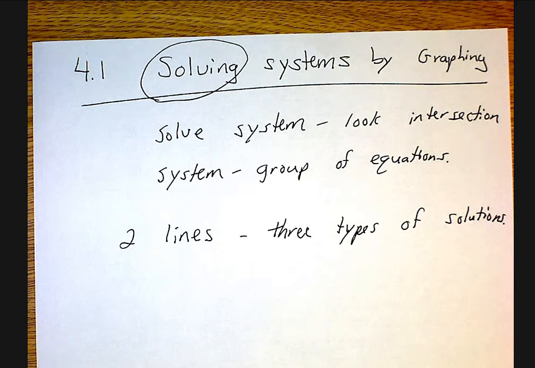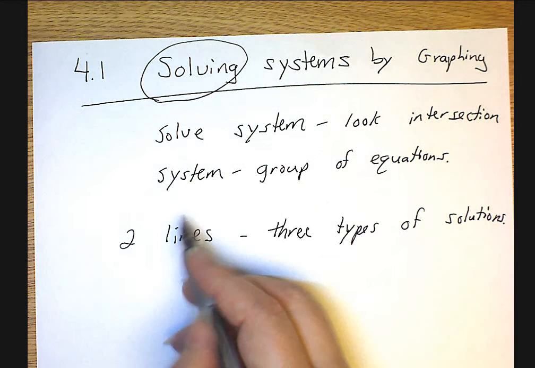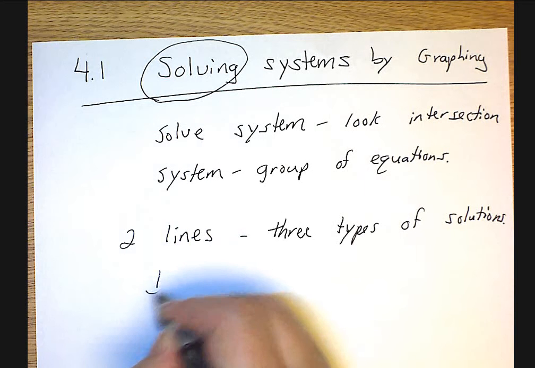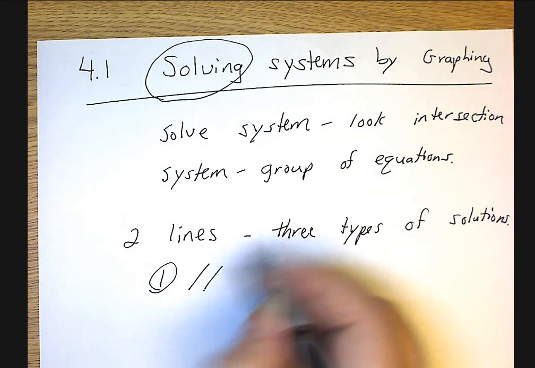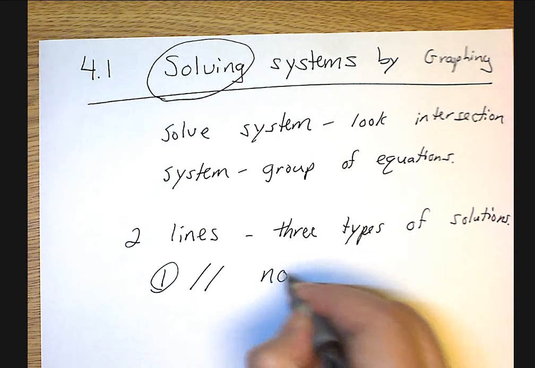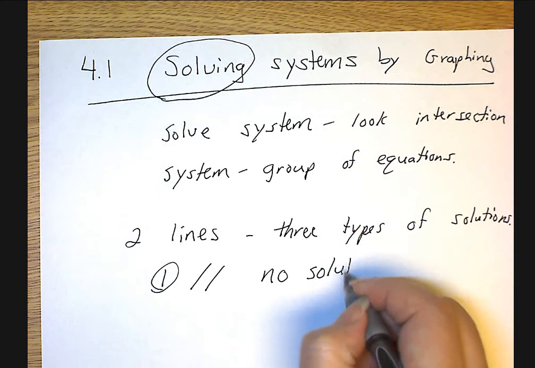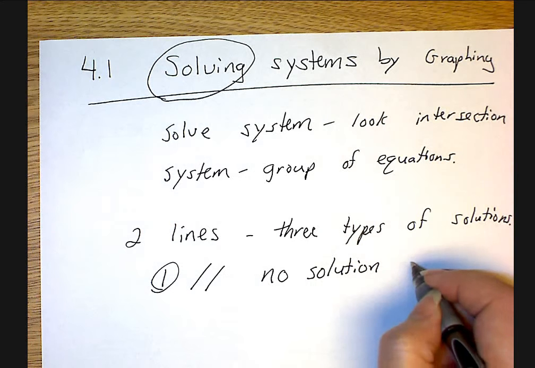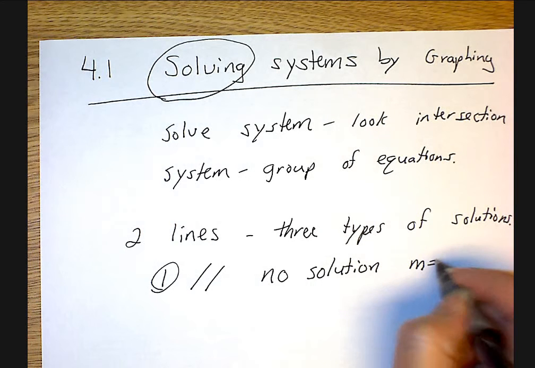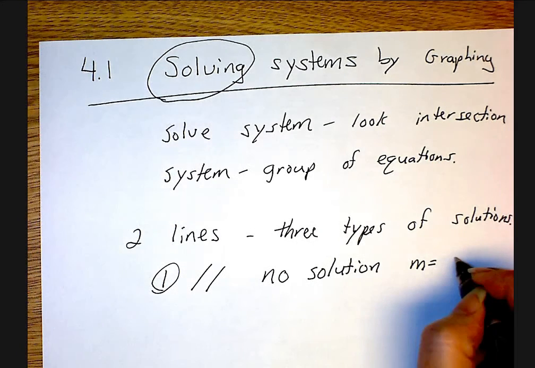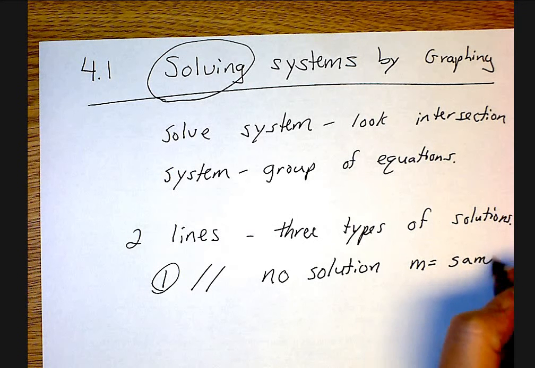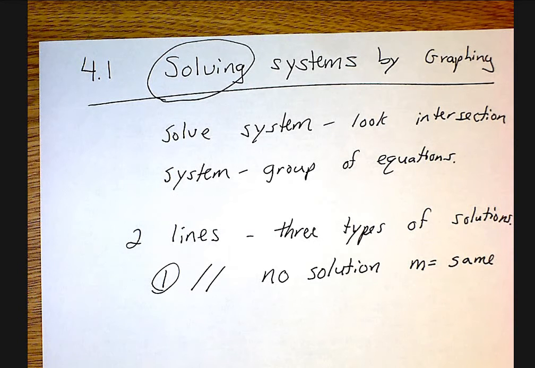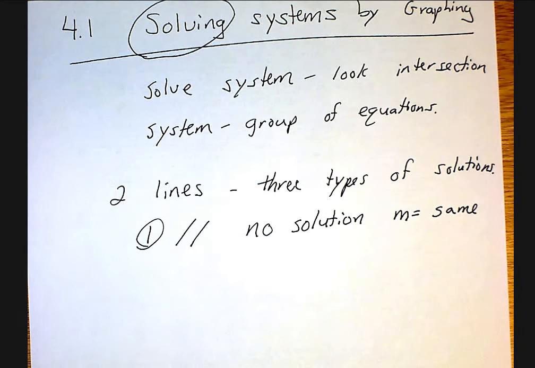If you have two lines, what could happen with those two lines? Okay, so one type would be parallel lines, right? So that would be no solution. And also, just so you guys remember, that means that the slope, or your m, is the same, right? So your slopes are the same. They're equal to each other.